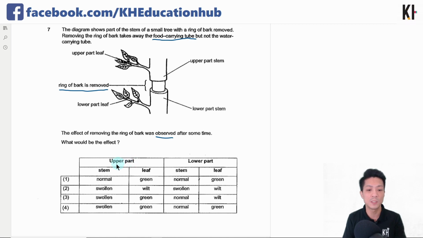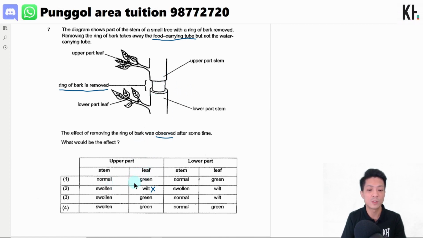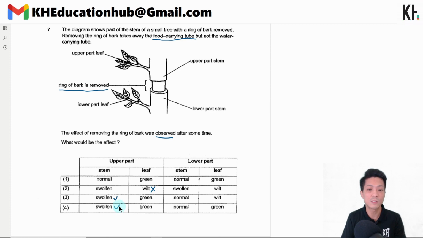So for the upper part, the stem and the leaf will probably remain as green, because the water carrying tubes are not removed, so the leaves will still be receiving water. Stem will probably be swollen, because the food produced on the upper part cannot be transported downwards.